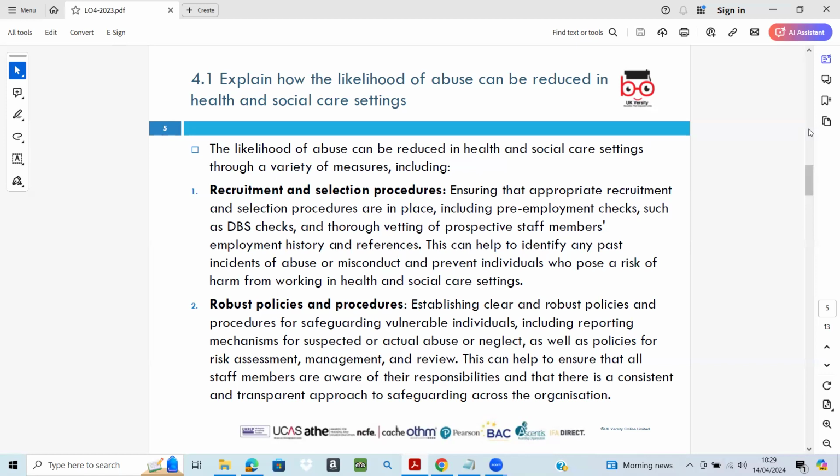Then, use of technology in modern settings. Technology can play a crucial role in safeguarding. This includes the use of surveillance cameras in common areas to deter potential abusers and using management systems to keep detailed and secure records of all care activities.